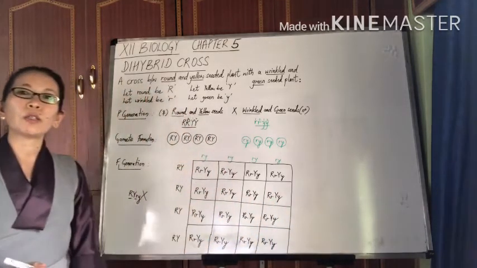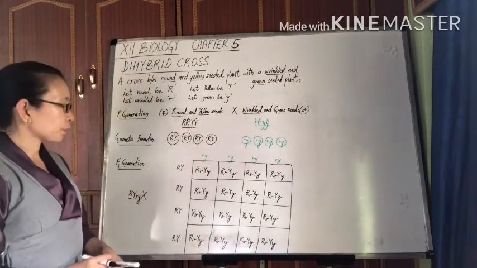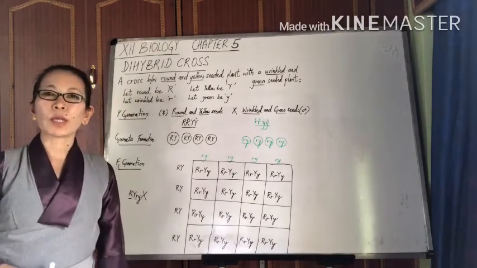So this is how we complete all of the 16 boxes with the possible genotypes, right?